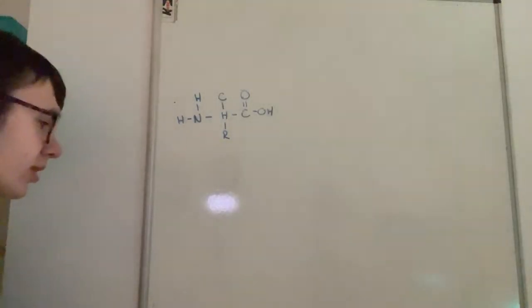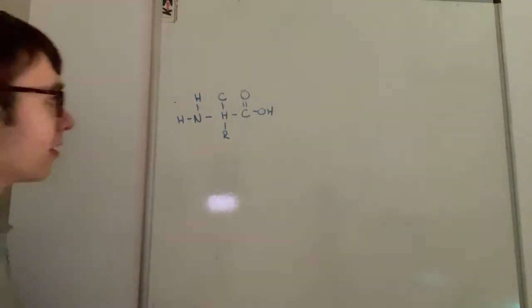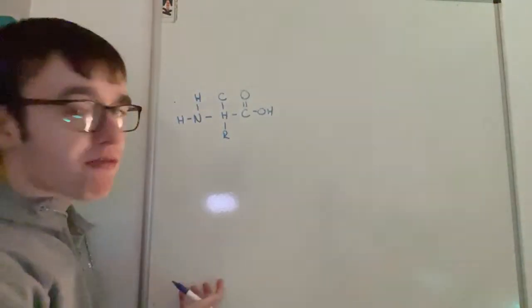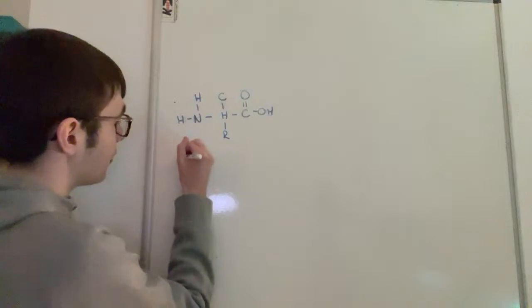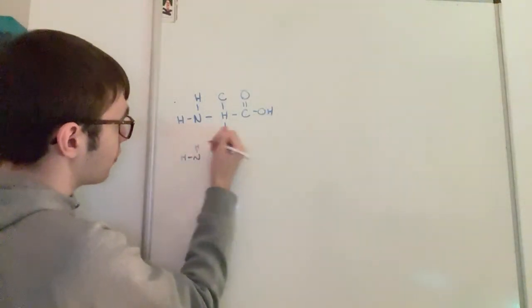Now, an amino acid is, I guess, a monomer, and the idea is that it bonds via condensation to another, and obviously condensation involves the elimination of a water molecule.